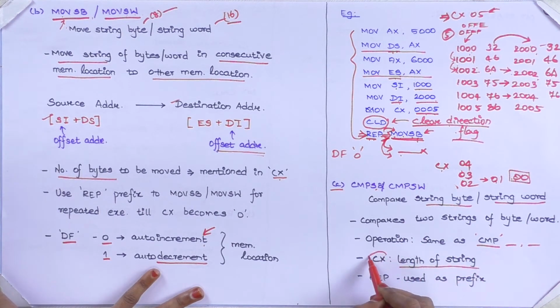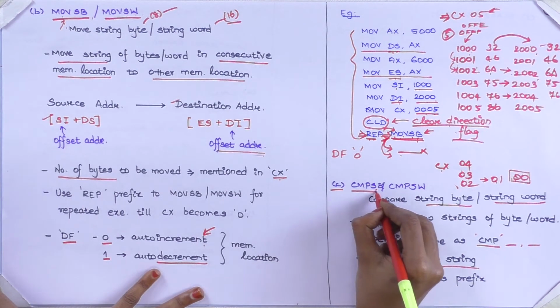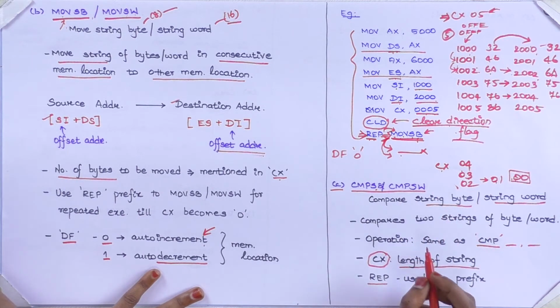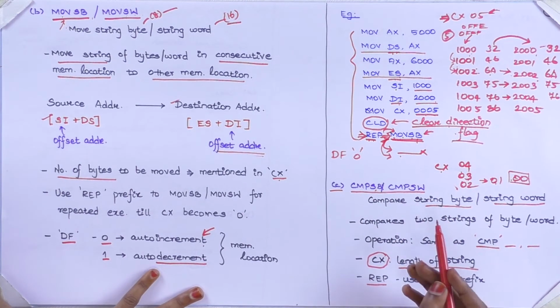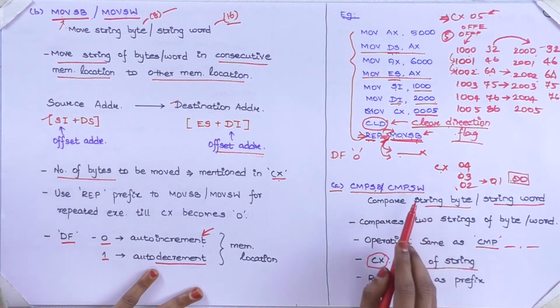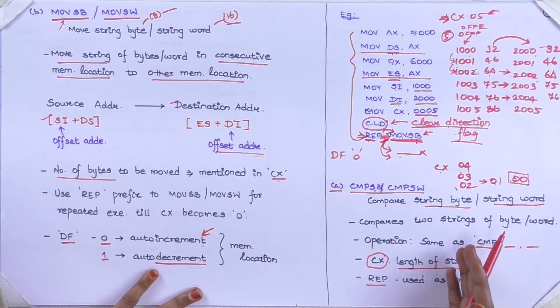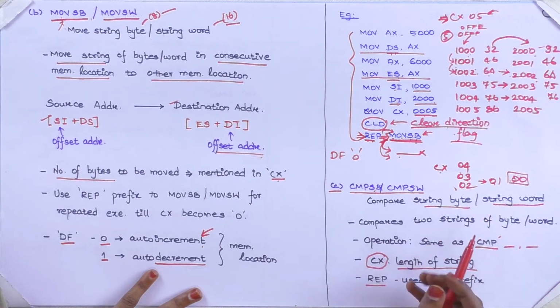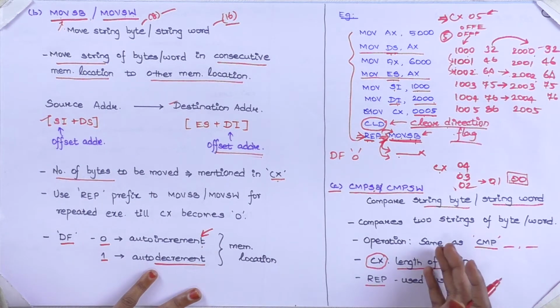The length of the string is mentioned in the CX register, and you can use repeat as a prefix to compare string byte or string word to perform it n number of times. The internal operation of compare is subtraction, which you already know. While comparing, it checks the carry or zero flag to decide whether the destination is greater than or less than the source.